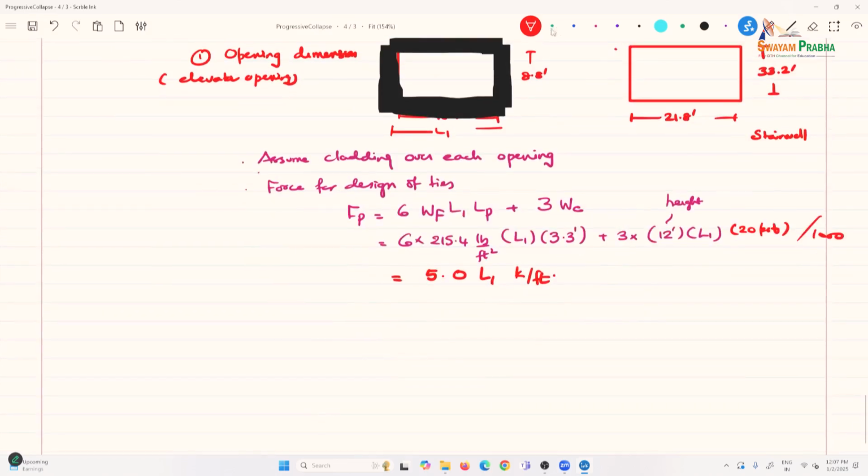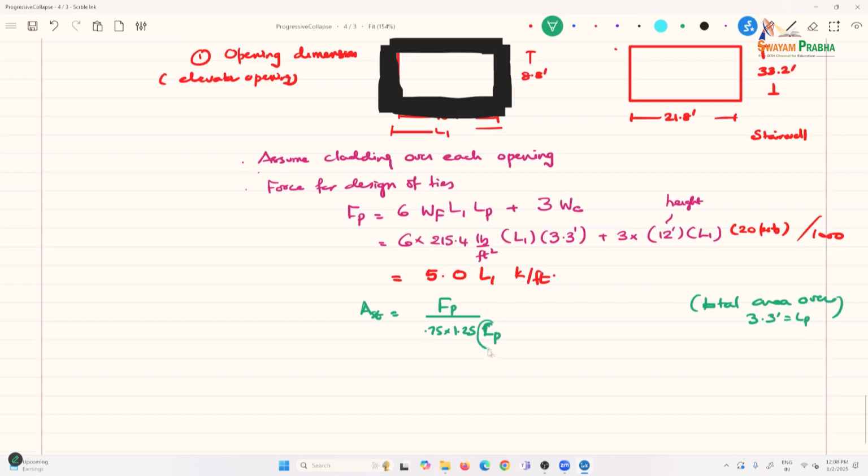And AST is Fp divided by 0.75 multiplied by Fy, and here Lp. This is the total area over 3.3 feet.